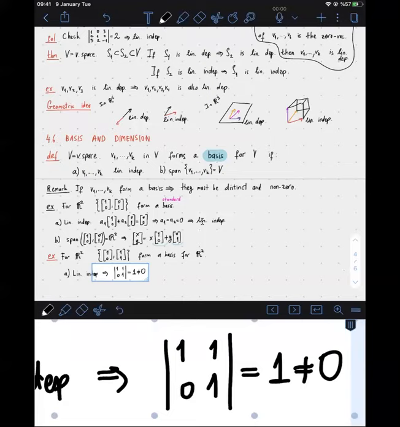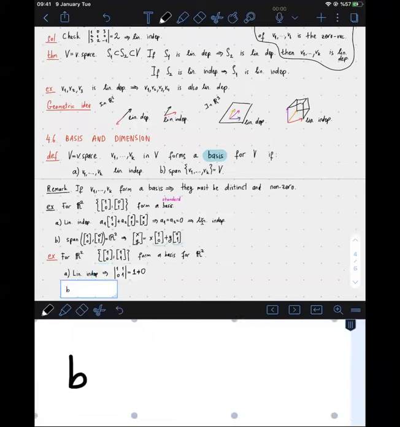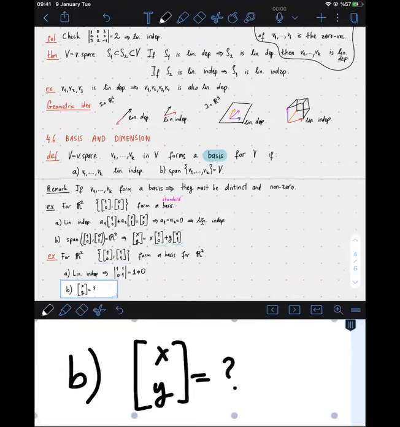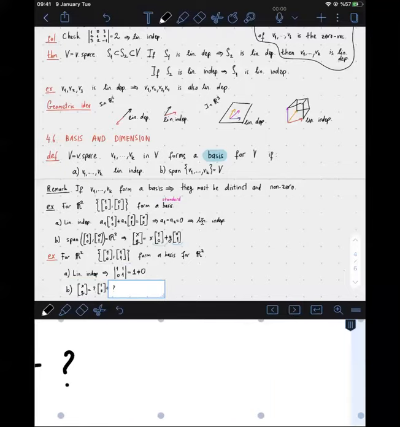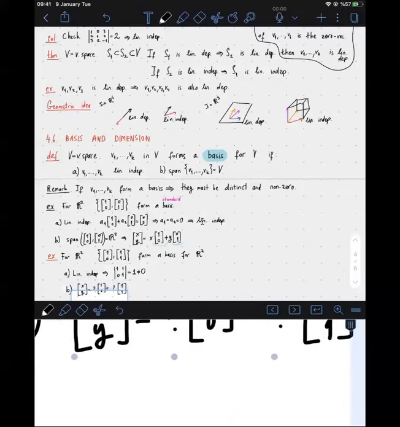And for span, the span of these two vectors should be R2, which means I can write any (x, y) as what? I will write something here times (1, 0), and something here times (1, 1). So can we see what those somethings are?